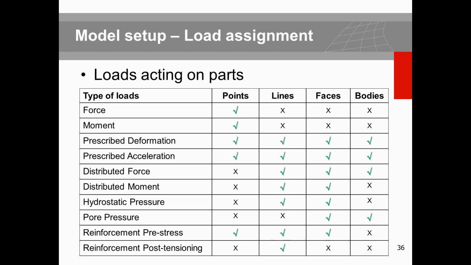This is a summary of available loads acting on different bodies, and what is new here is that we have hydrostatic pressure that is automatically calculated based on the position of the surface that you have in the model.